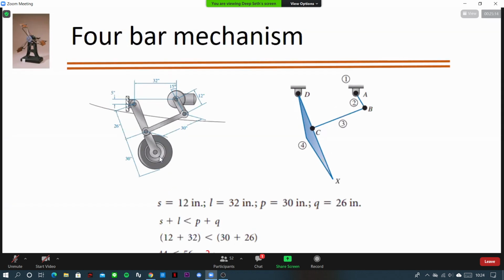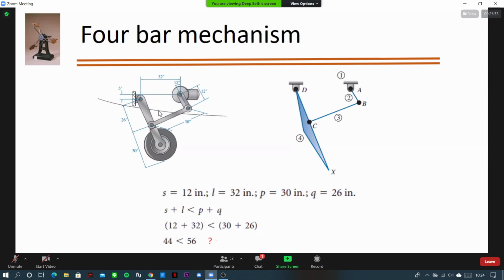You have seen a landing gear maybe in a flight or in any airplane. So this is that landing gear from that slide. It's a nose wheel assembly. We call it the nose wheel assembly. We first made the kinematic diagram of it. So here you are seeing we have made the kinematic diagram.